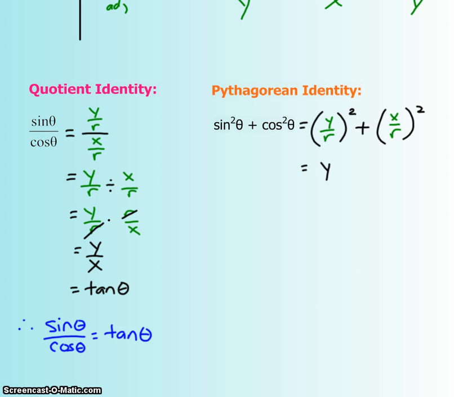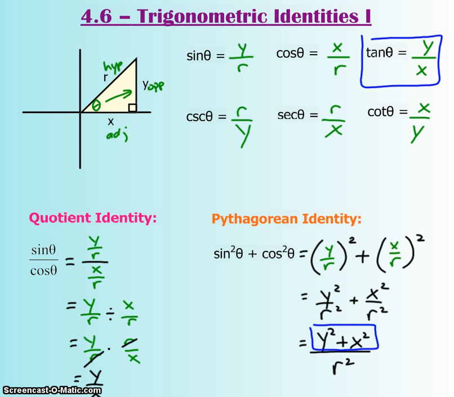So that's going to give you y squared over r squared plus x squared over r squared, and notice that you can add them together because your denominators are the same. So we're just going to put them over the exact same denominator. There we go. I can actually go further because I'm noticing there's something interesting about this part right here. I'm going to scroll up a little bit.